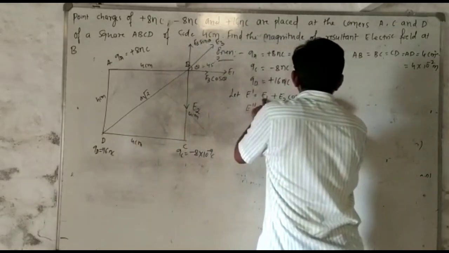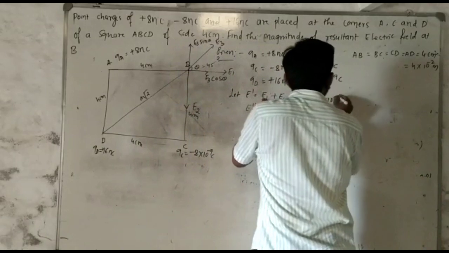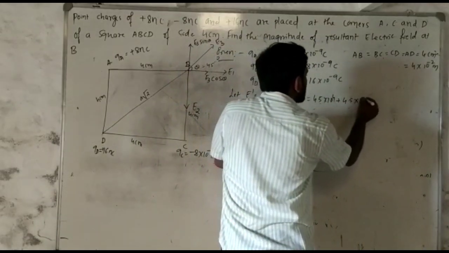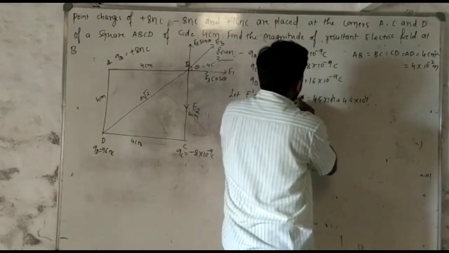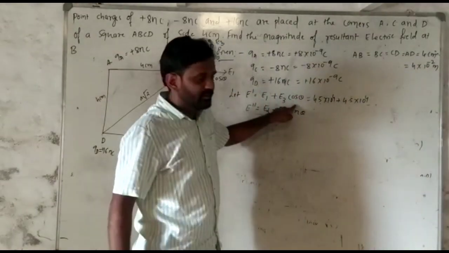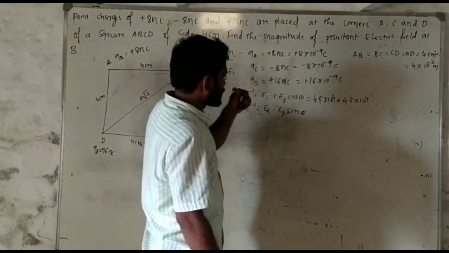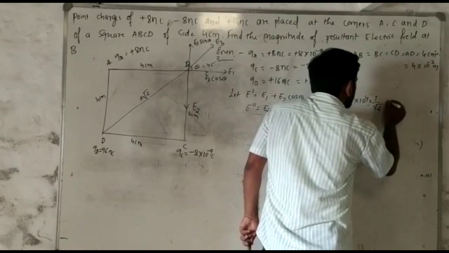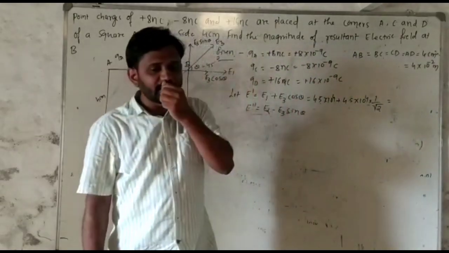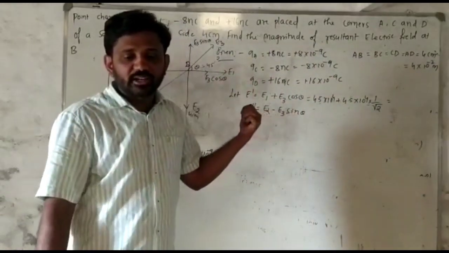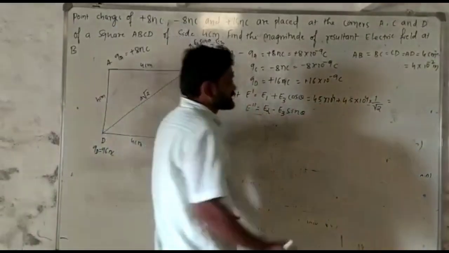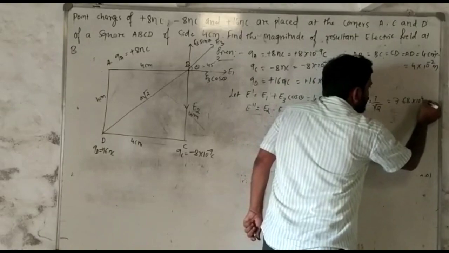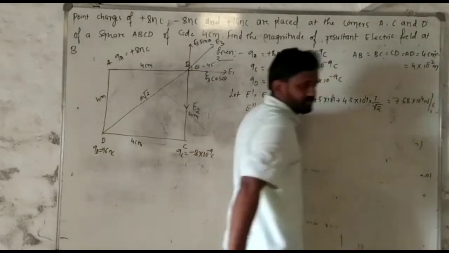Here E dash is equal to 4.5 into 10 raised to 4 plus 4.5 into 10 raised to 4 into cos of 45, because theta is equal to 45, cos of 45 is 1 divided by root 2. Then simplify this, we get the answer 7.68 into 10 raised to 4 Newton per Coulomb.